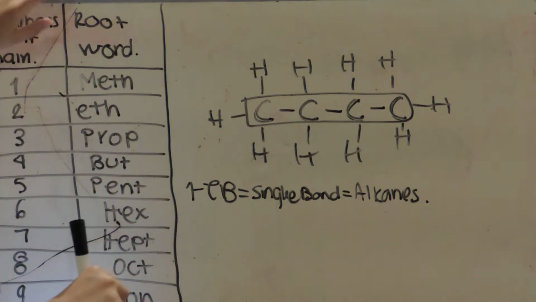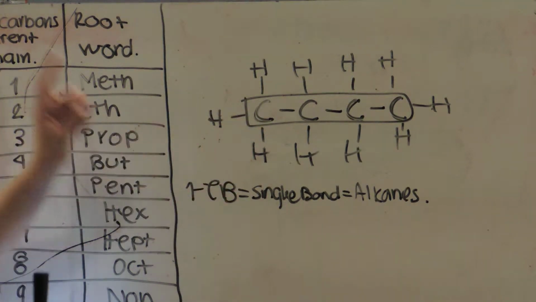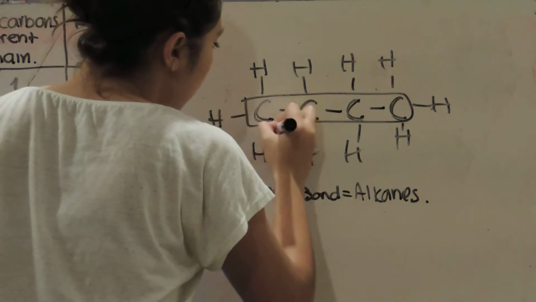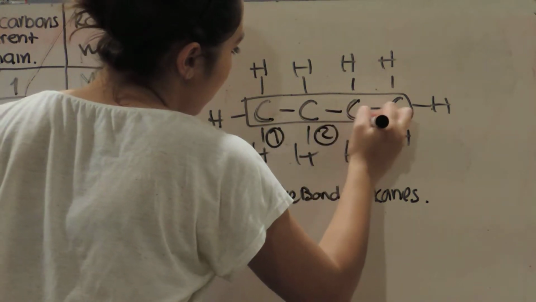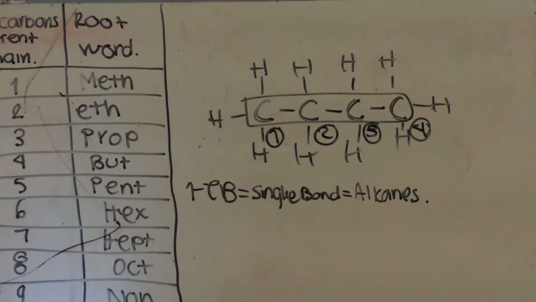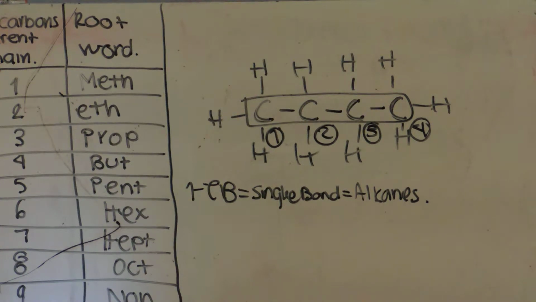Before we decide what root word to use, we need to number the carbons. So, it's 1, 2, 3, and 4. We already numbered them, so we can choose the correct root word.